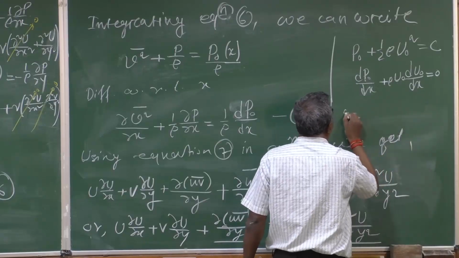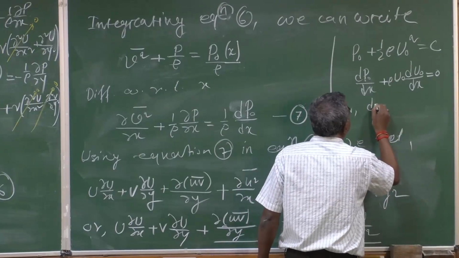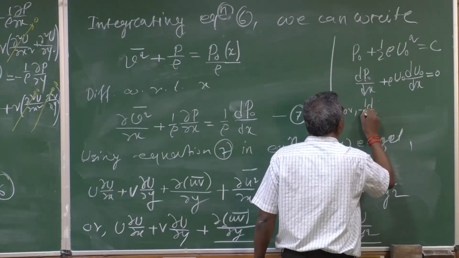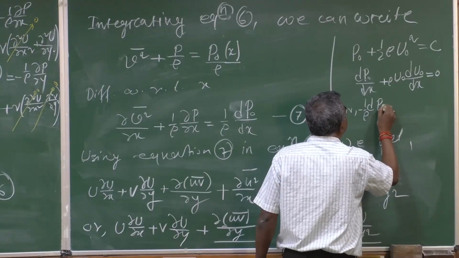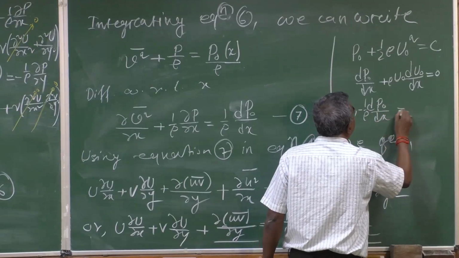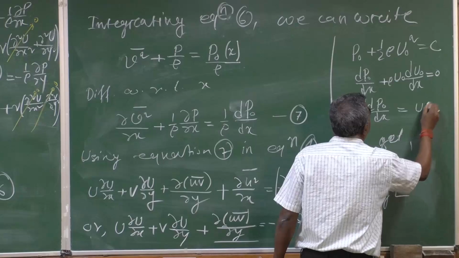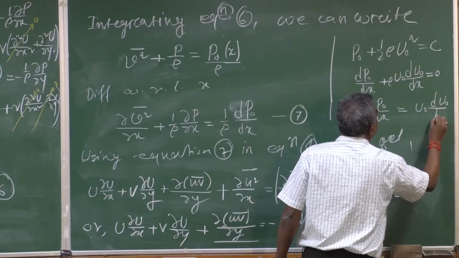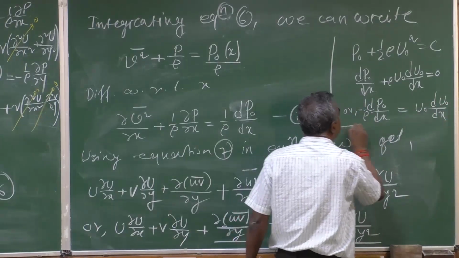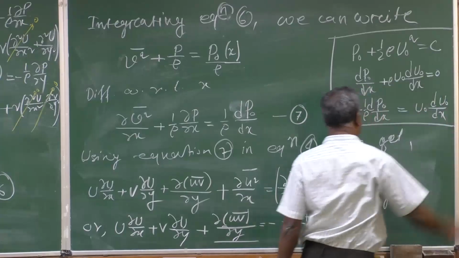You see, minus 1 by rho dp naught dx is nothing but your u naught du naught dx. This is applying Bernoulli's equation in the free stream.